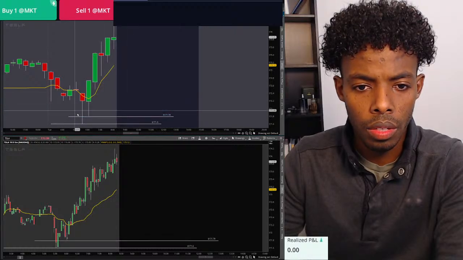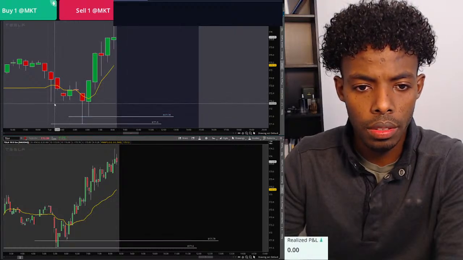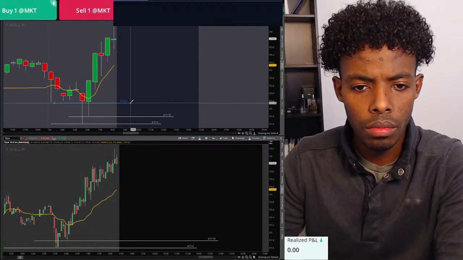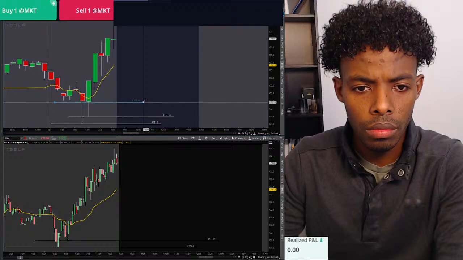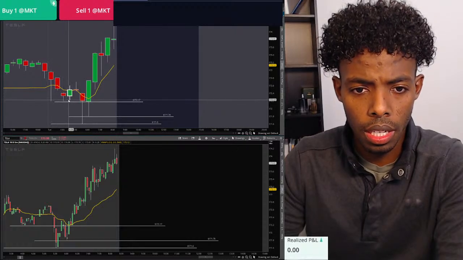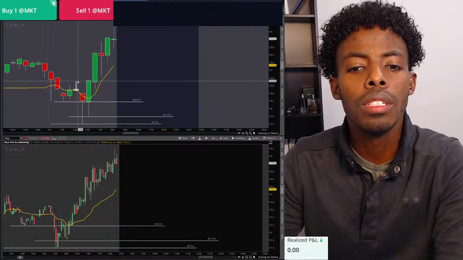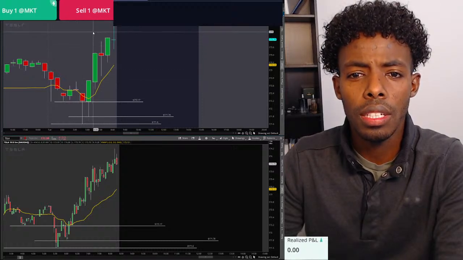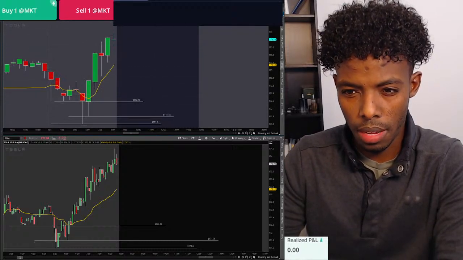All right, and also mark right here. I'm marking this wick right here, by the way. It's also supported by here and here. Nice. This is also a good one too. It's not bad.